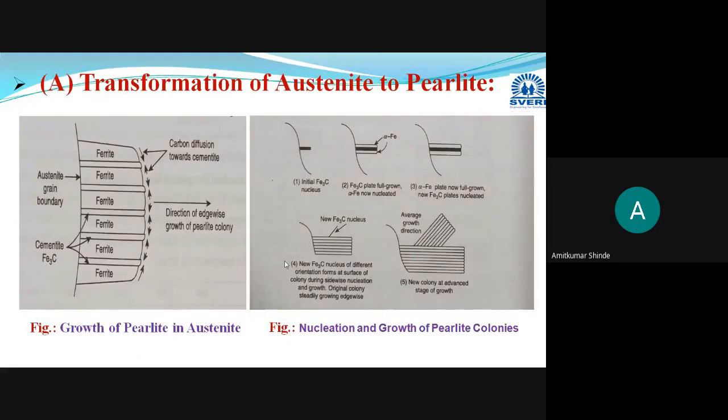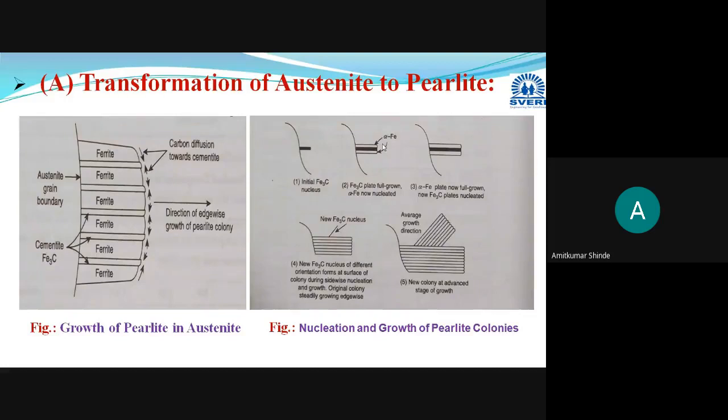Whenever the cooling rate is very slow, austenite will get transformed to pearlite. Pearlite is the mixture of ferrite and cementite. Ferrite means your alpha, indicated here by alpha. Here you can see this is the ferrite, or alpha iron, the interstitial solid solution of carbon in alpha iron.